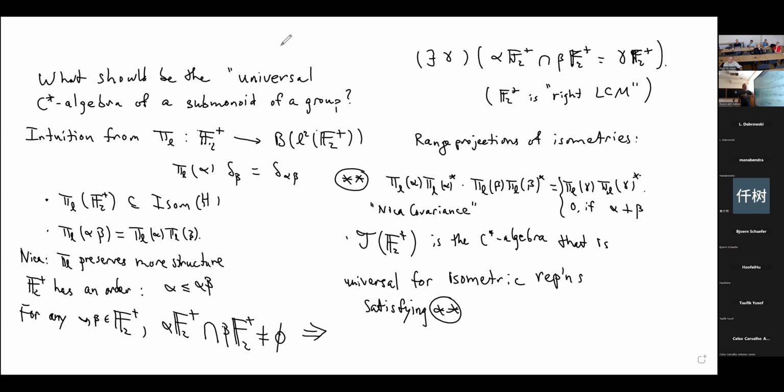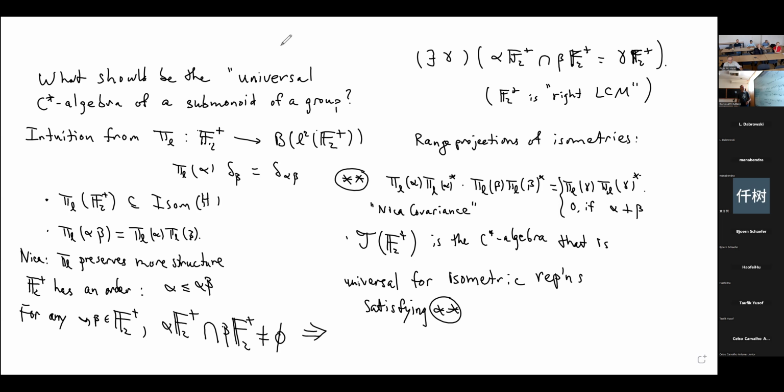So this is the extra structure that we can see in the left regular representation, which characterizes the correct representations of the monoid. So this is the idea that I want to talk about some more.